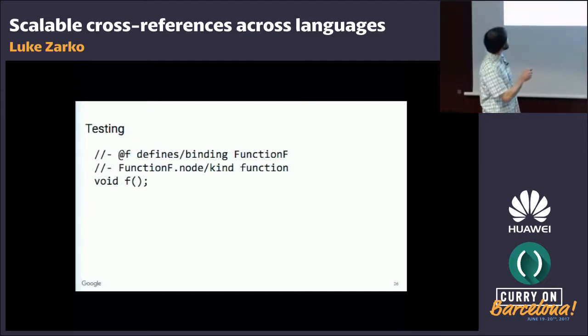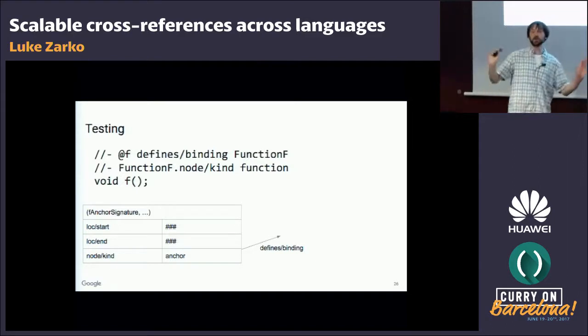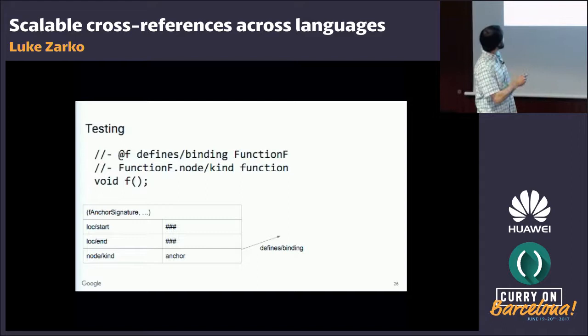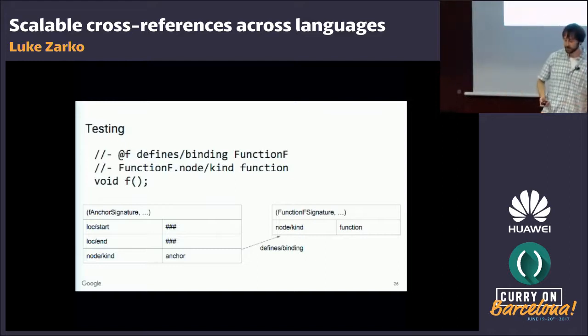This defines binding edge that connects to something else that we don't know about yet, some function. So here's that node. It's an anchor node, and it has some start and end location, which are offsets in this source file. And we have an edge that we specified that connects to something else we don't know about here. But we're going to call it function f in the scope of the test. We'll say that this function has the proper node kind associated with it. So we're looking for something at the end of that edge, like this.